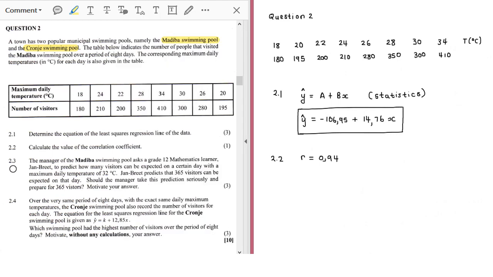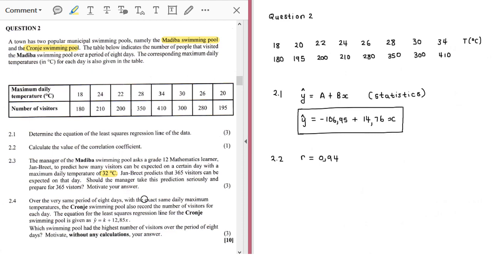Question 2.3 says the manager of the swimming pool asked one of the grade 12 learners to predict how many visitors he or she can expect on a day where the temperature is 32 degrees Celsius. This specific learner says that we can expect 365 visitors, and the question is, should the manager take this prediction seriously and actually prepare for 365 visitors?